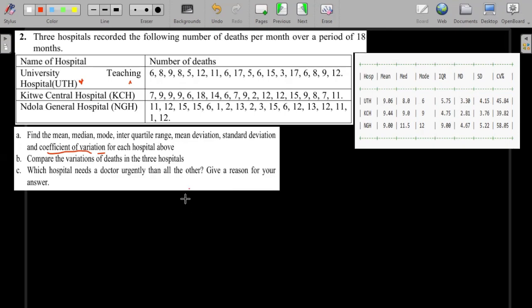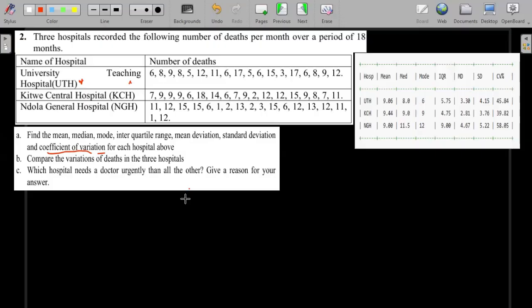The hospital that would need the doctor urgently will be the hospital that has the largest variation. It means that maybe the healthcare in that hospital is not that good, so they need an extra doctor. So that's what we are going to do.